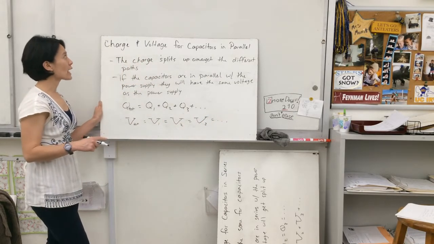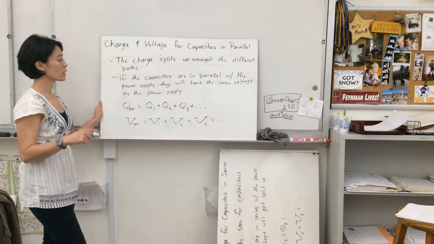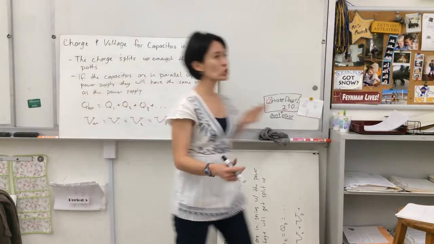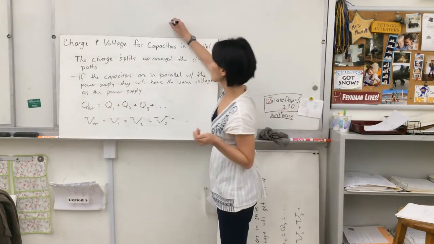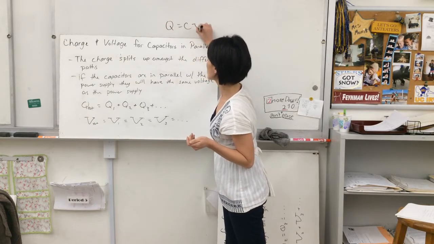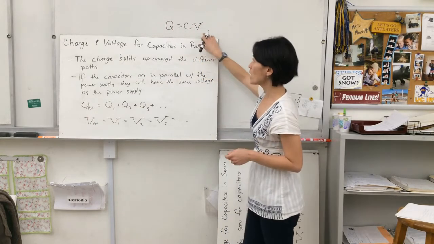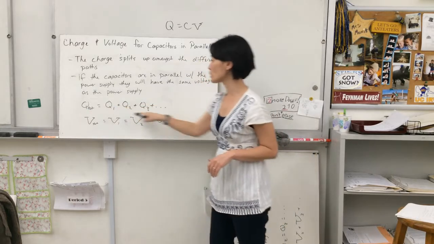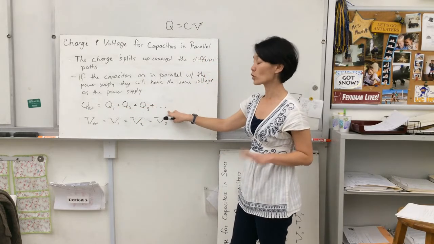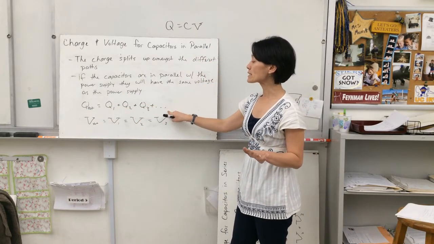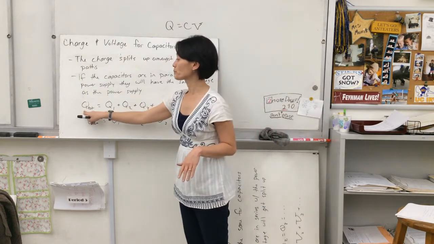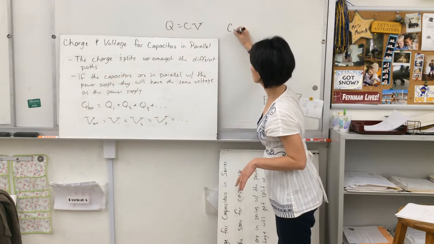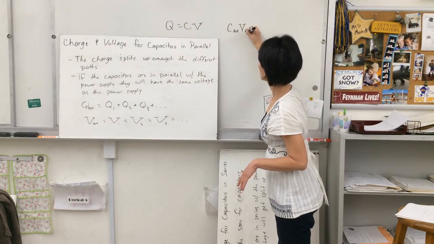So again, let's look at how these relationships affect the total capacitance. We're again going to look at our equation for capacitance, where Q is equal to capacitance times voltage. And I'm going to take this relationship and plug it into this relationship here for my total charge. So instead of writing Q total, I'm going to write C total V total.